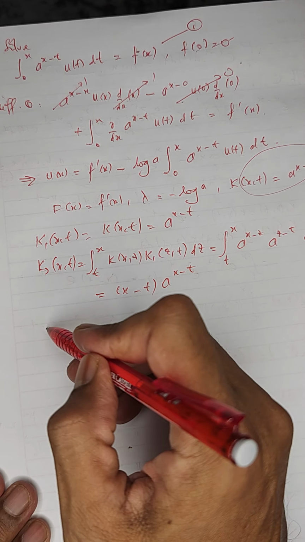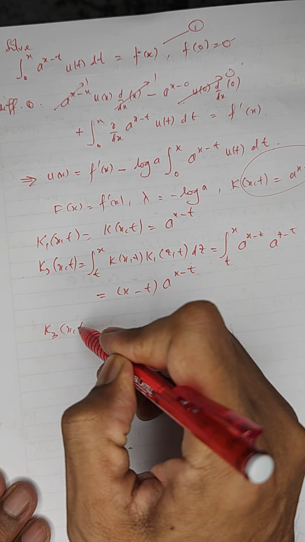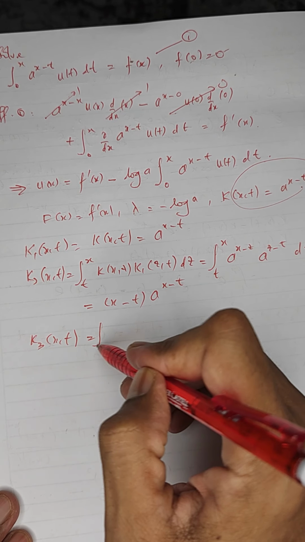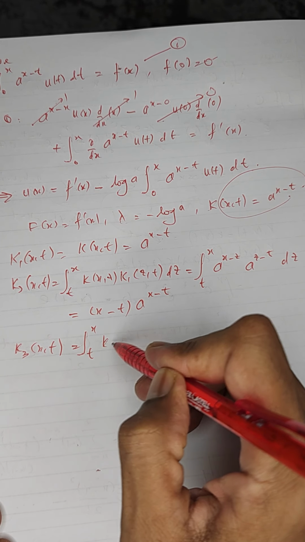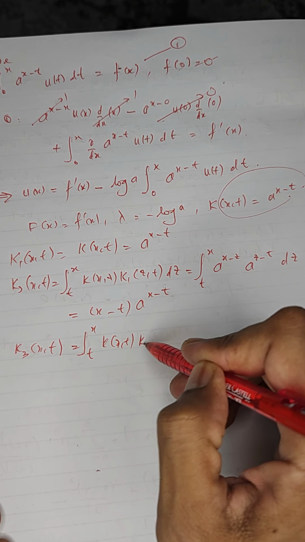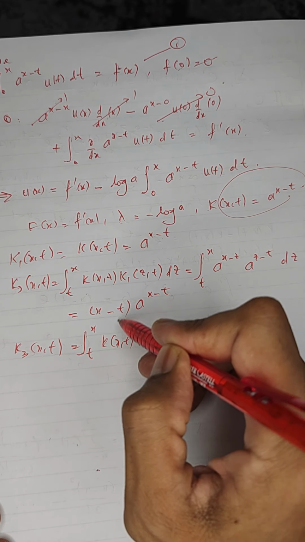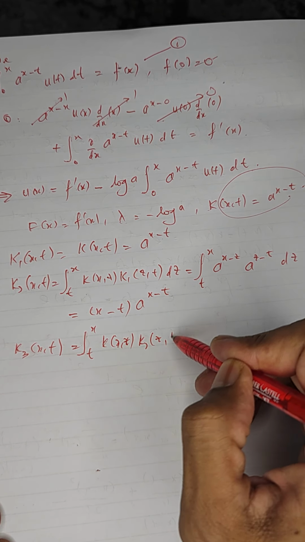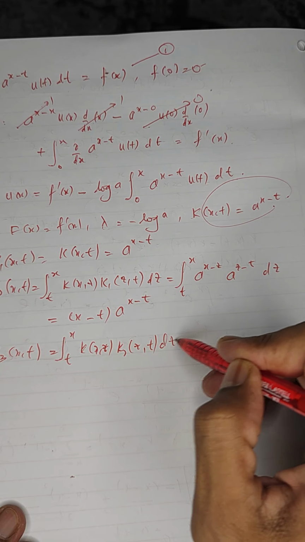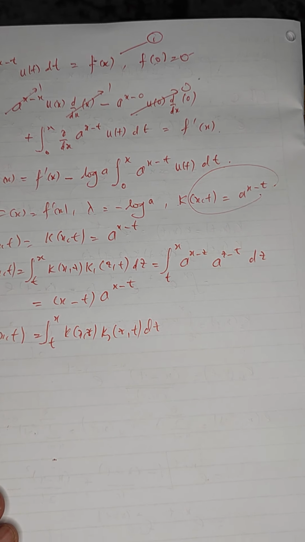For k3(x,t), you can do the same. Integrate from t to x of k(x,z) k2(z,t) dz.